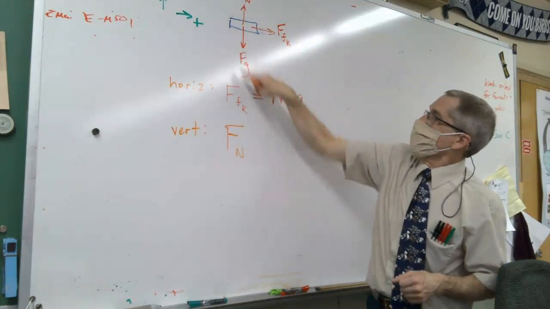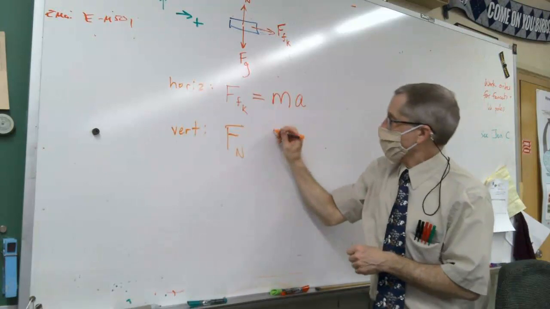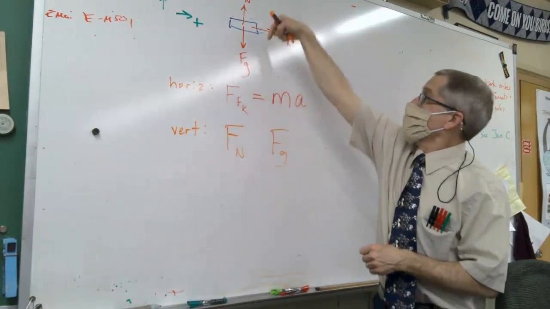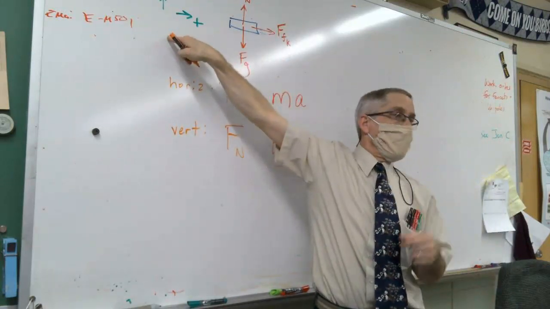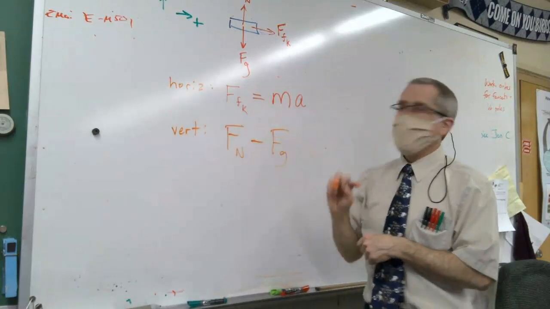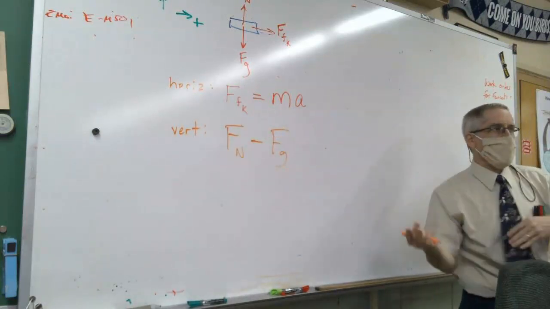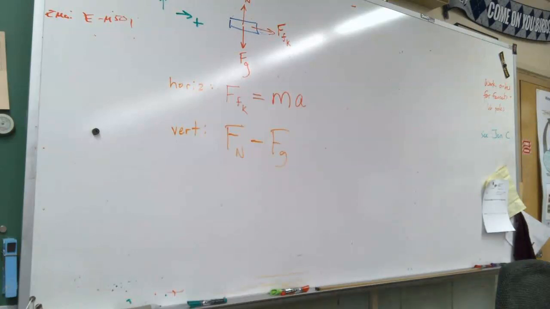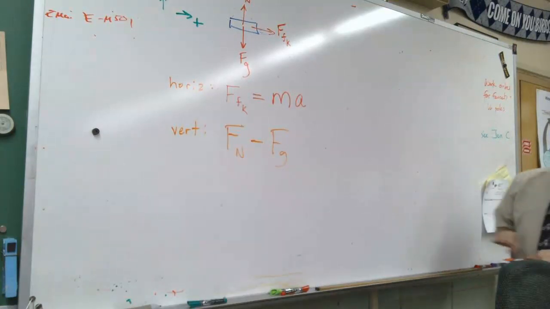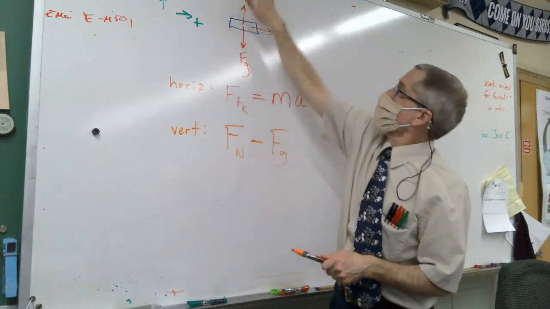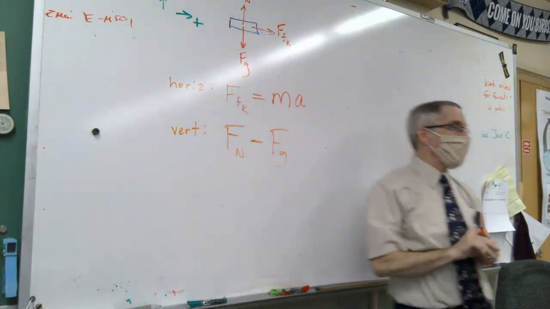And then I hit Control C here, I drag this down. But because it's pointed in what I've decided to be the negative direction, I don't say plus a negative, I always just say minus. It looks nicer. And then once I have all my vertical forces that are drawn here, down here, I'm done with that.